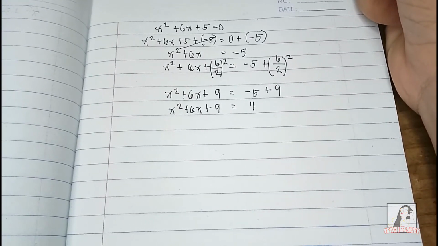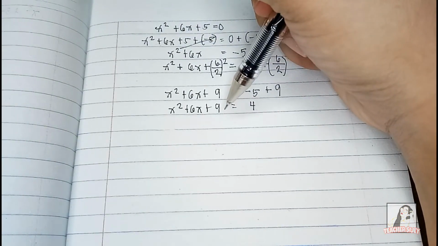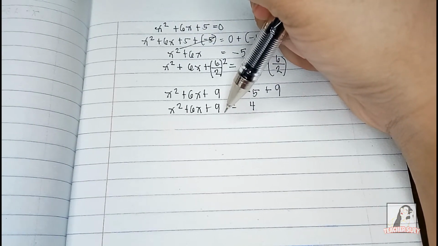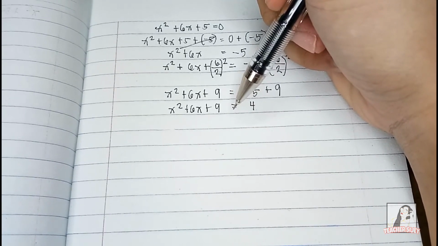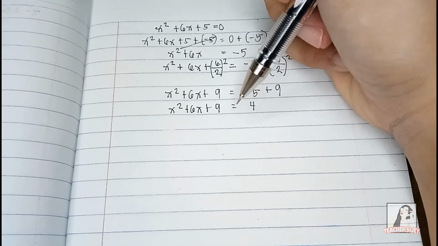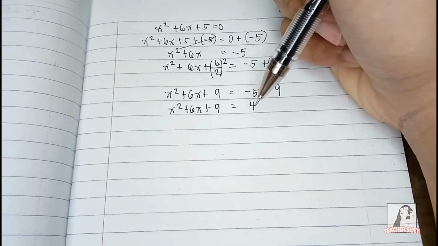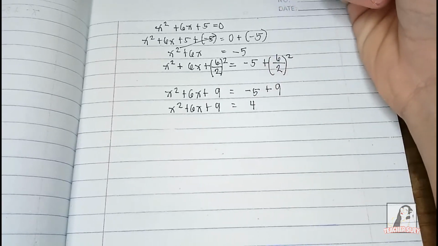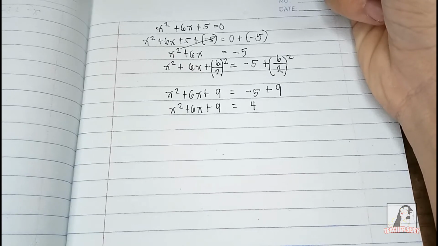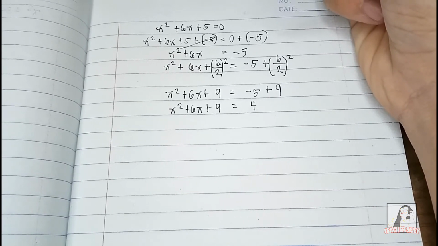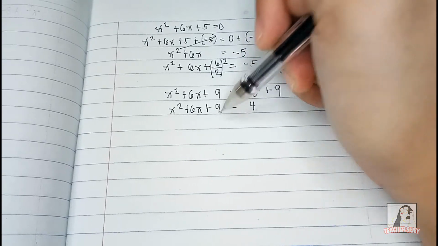For the next step, since we have a perfect square trinomial here, we need to write it in the form of a square of a binomial. And then apply the property that we said earlier, that if a squared equals b, then a equals positive and negative square root of b. Then solve for the values of x. So now let's write the square of the binomial of this trinomial.